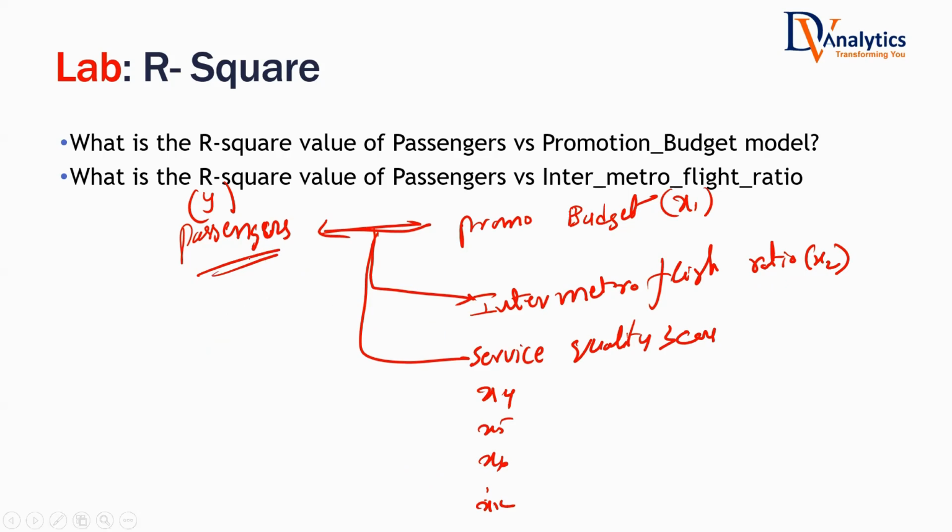The number of passengers is not impacted by just one feature at a time. Some total effect of all these features will result in the number of passengers. All of them should be used for the prediction of the target variable in one go. Isn't that true? Real world is multivariate.